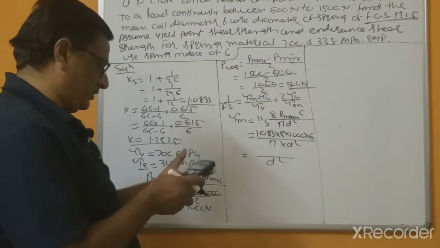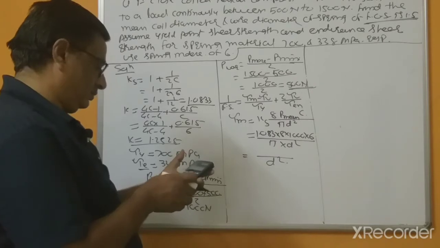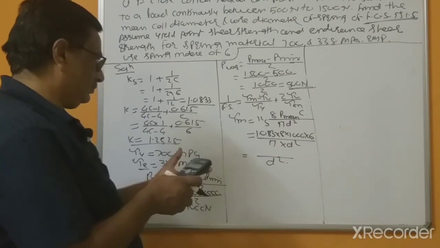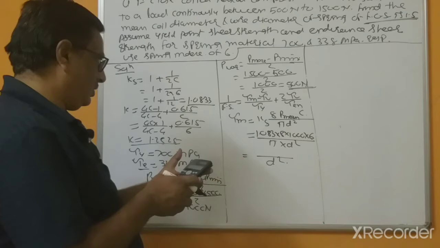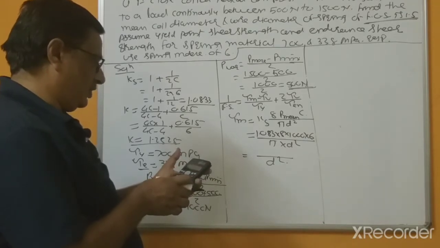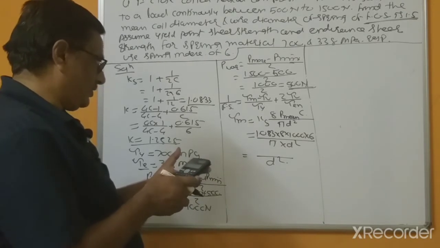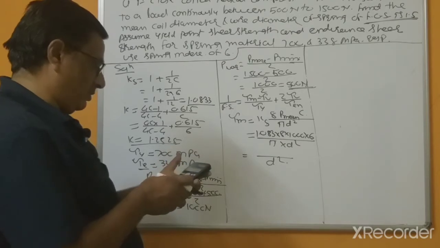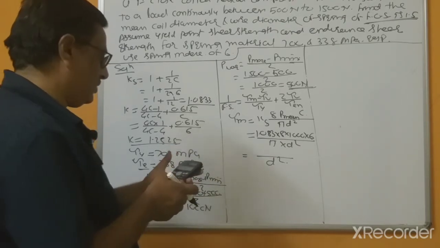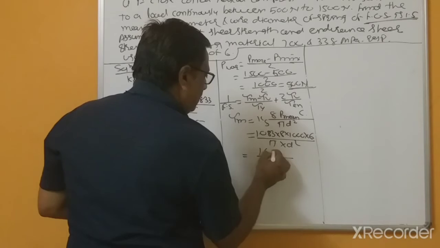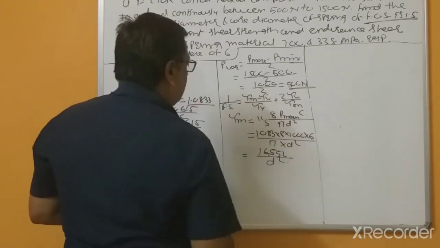Try to understand this. Eight multiplied by 1000 multiplied by 6 divided by pi, and this is 16,552.